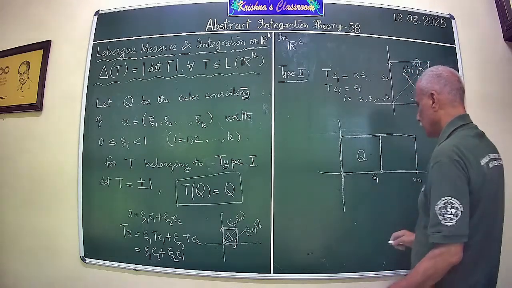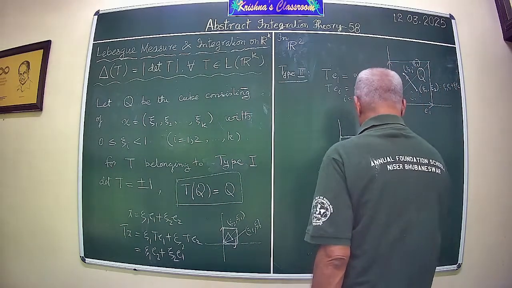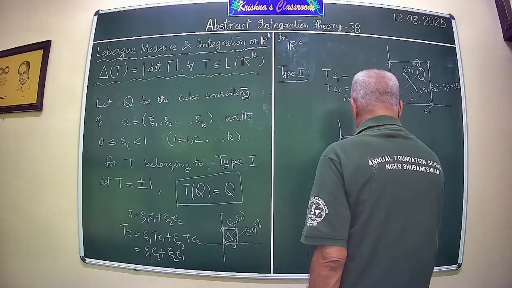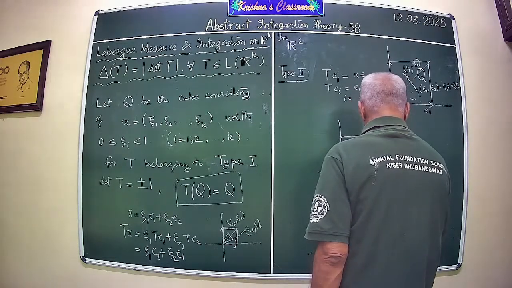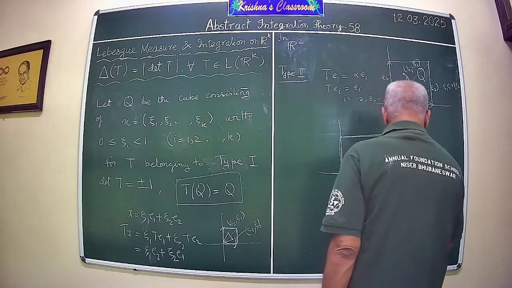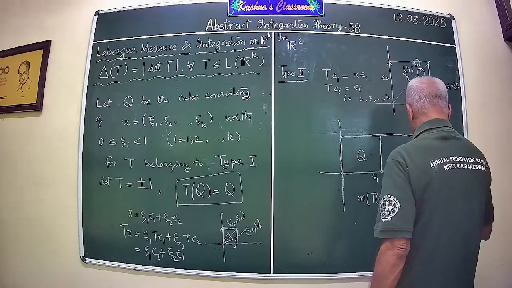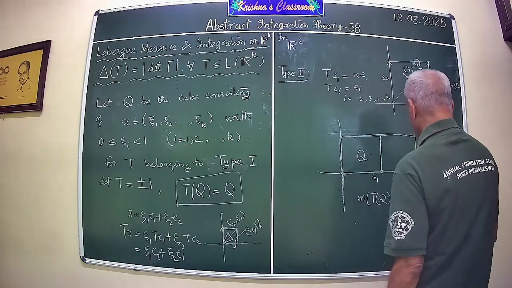So what happens is the measure of TQ in this case is alpha times the measure of Q. What does it mean?